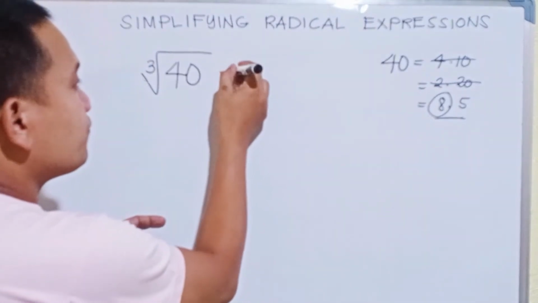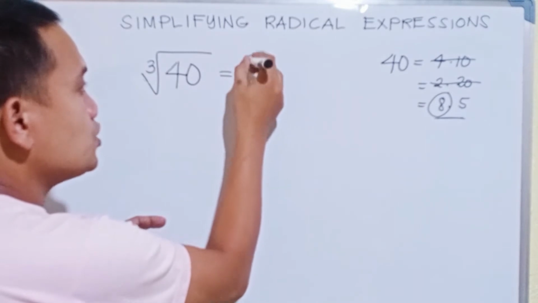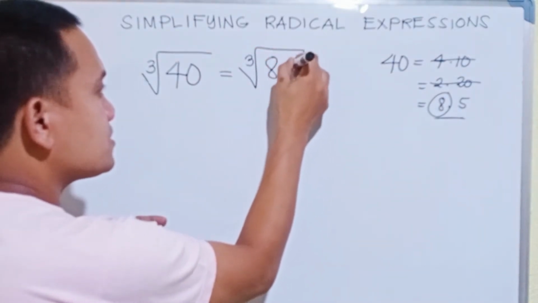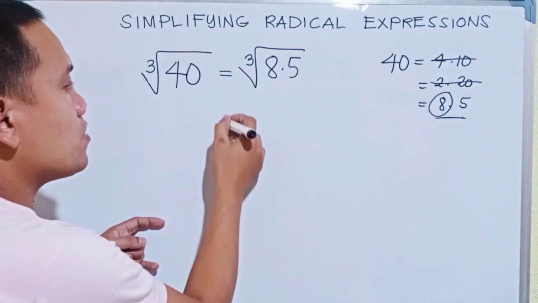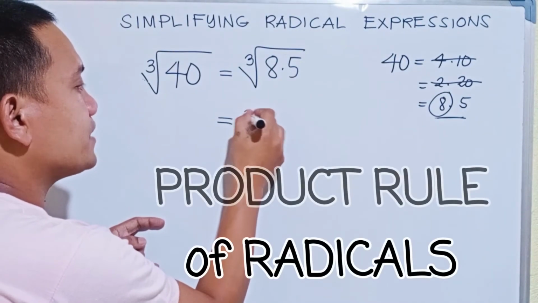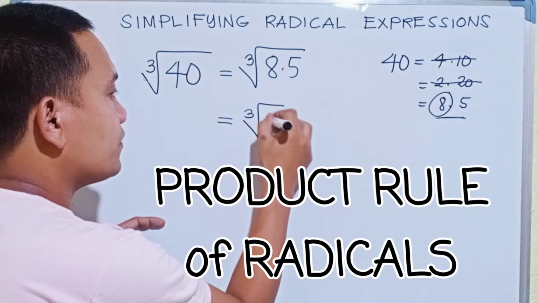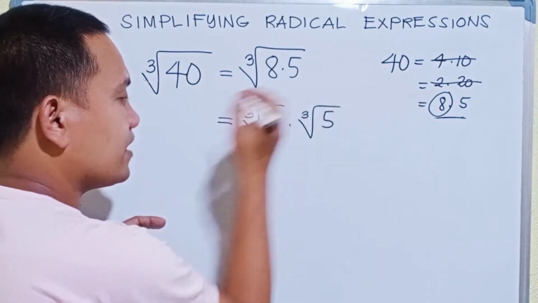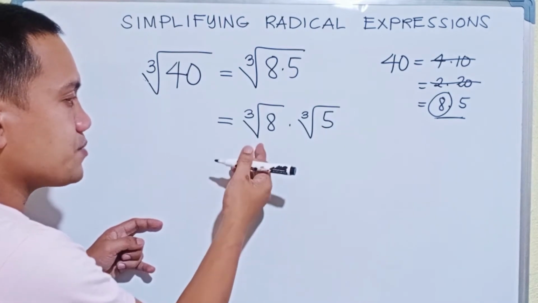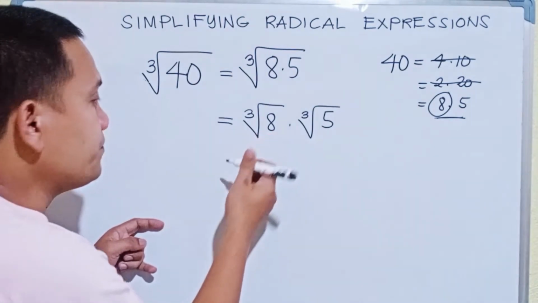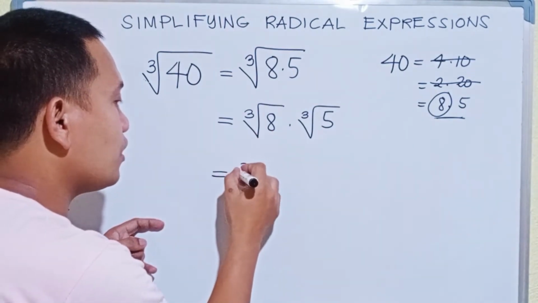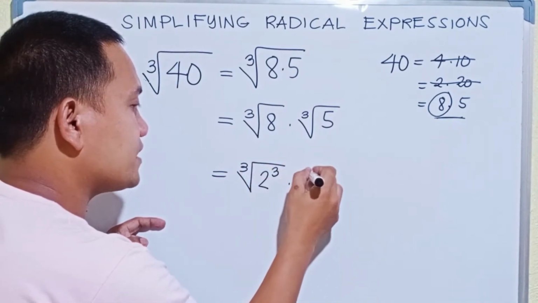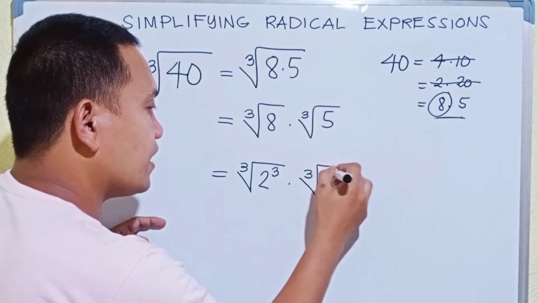So, cube root of 40 can be written as cube root of 8 times 5. We will apply the product rule, that is cube root of 8 times cube root of 5. Then we will make this expression exponential form. So we will have cube root of 2 cubed and copy the second radical, which is cube root of 5.